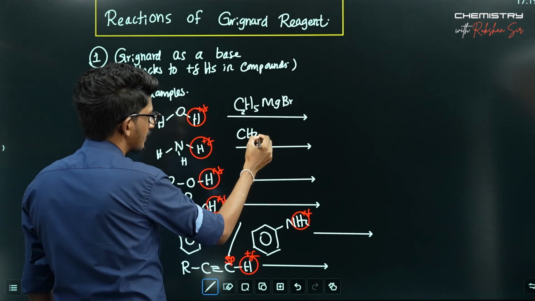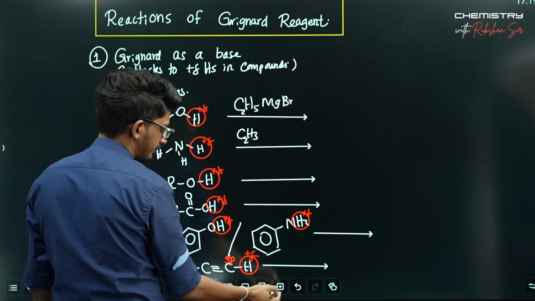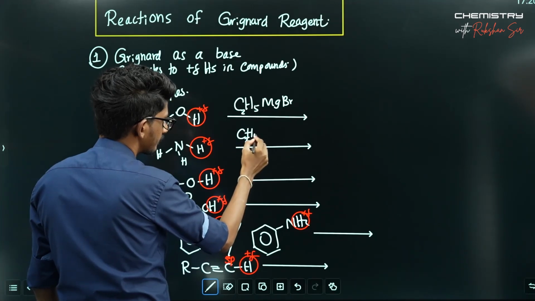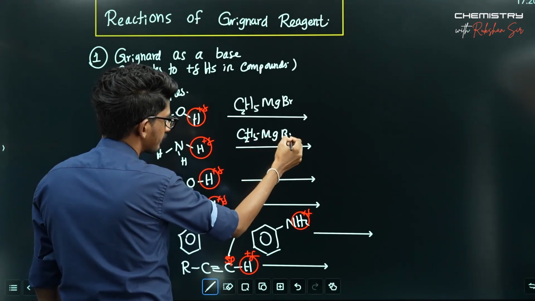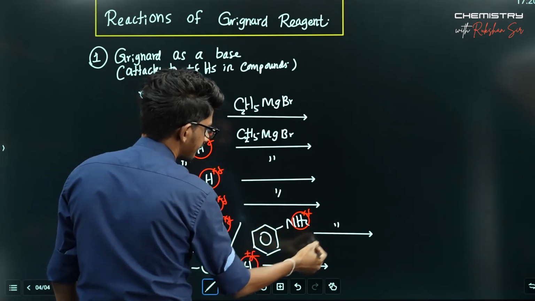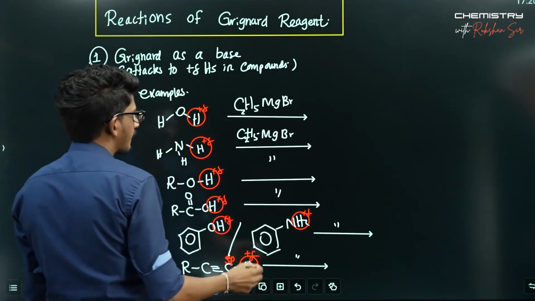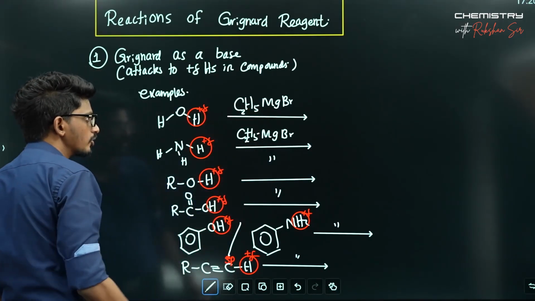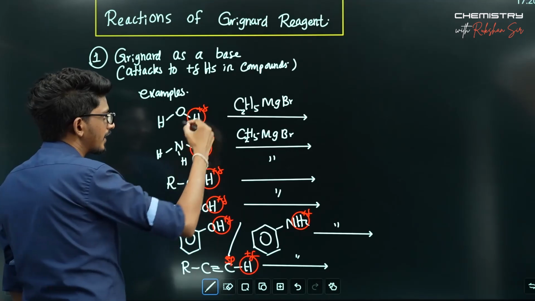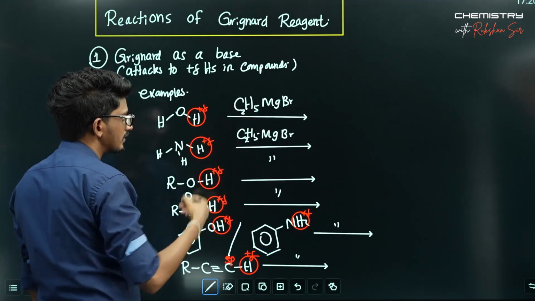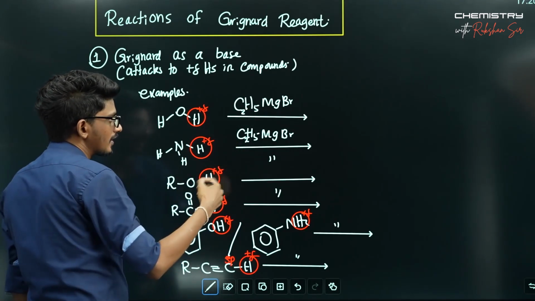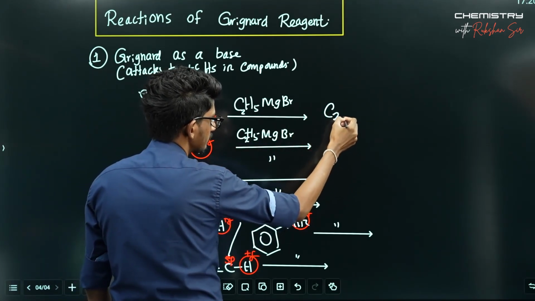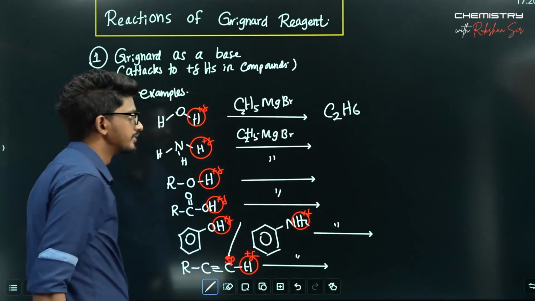If you use this Grignard reagent, what will happen? This hydrogen will be grabbed by the carbon which is connected to magnesium. So ultimately, this hydrogen will connect to that carbon, so that you will produce the alkane.